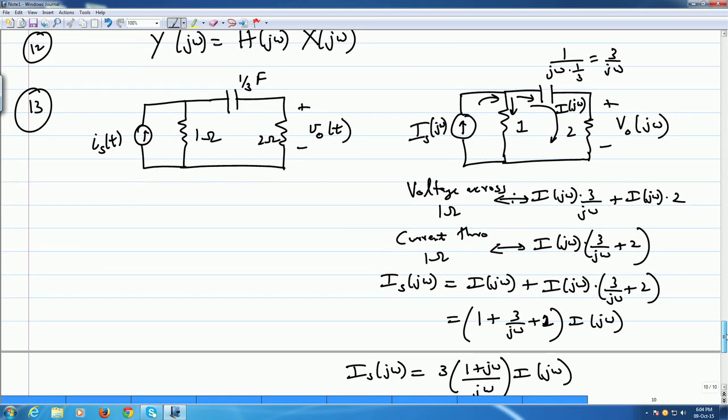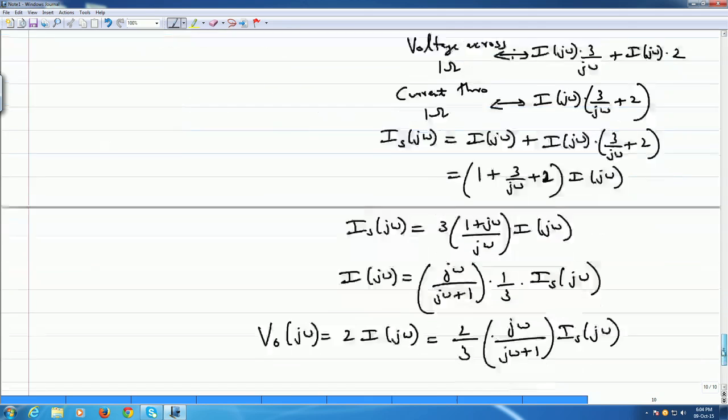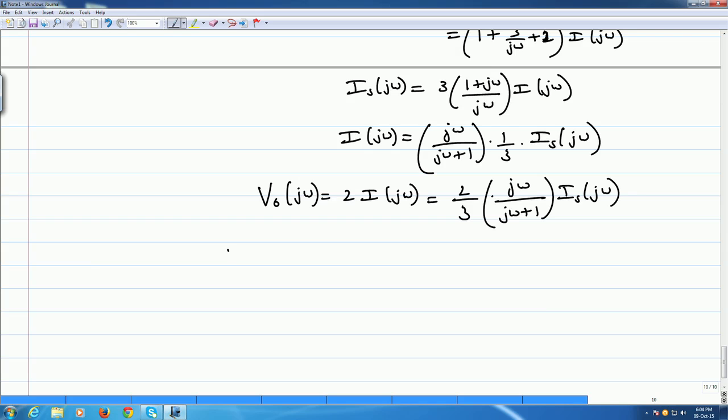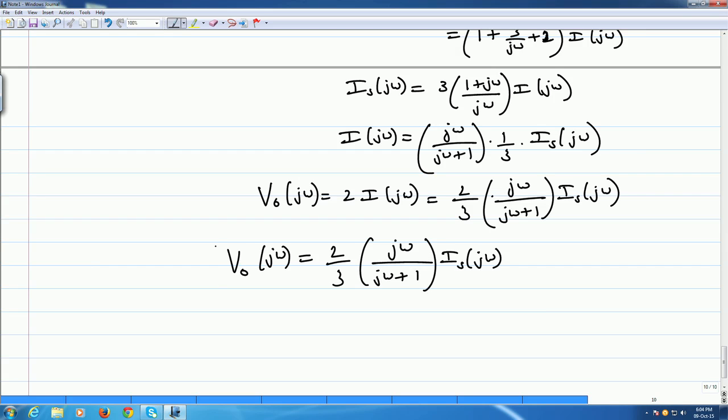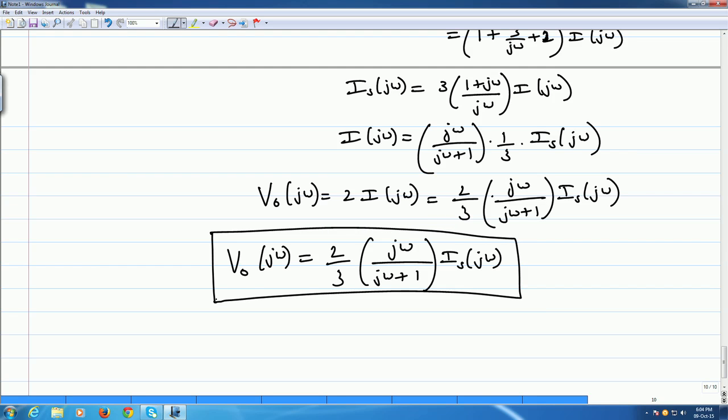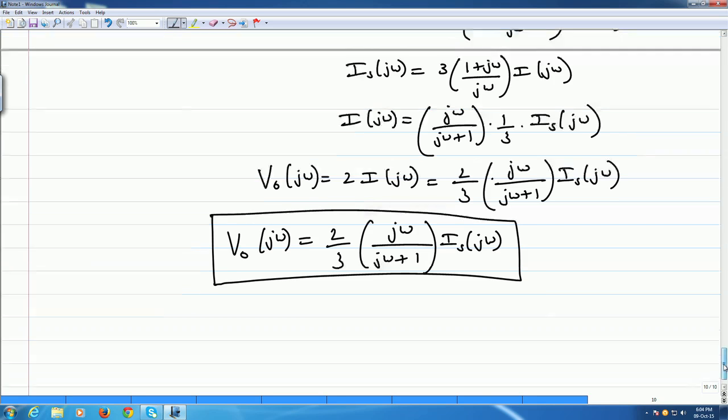You can also write a node equation for the node in the middle and get it. So this is the crucial relationship. What is the crucial relationship? V naught of j omega is 2 by 3 times j omega by j omega plus 1 times Is of j omega. This is the main system function which is true for any is of t, and you can substitute and get your answer.